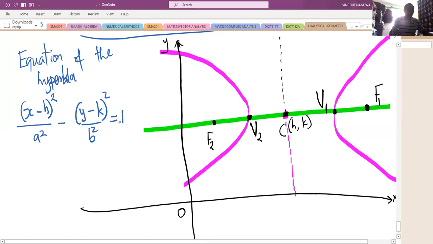So that's how the equation looks. And still b squared is c squared minus a squared, and c is greater than a.